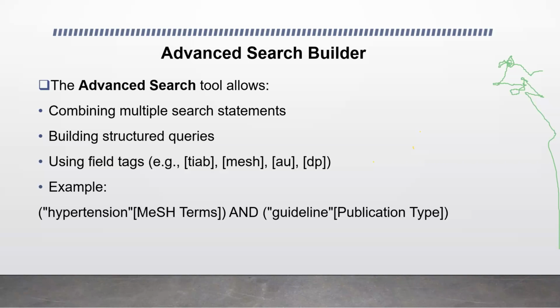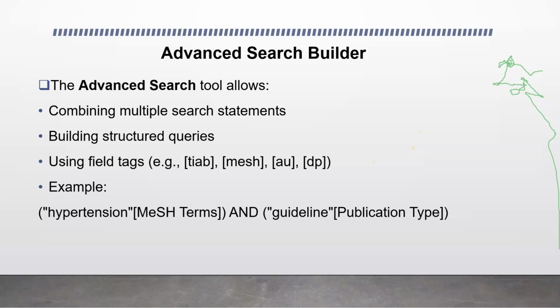It also allows you to build structured, complex queries, but also you can use the field tags, like TIAB, which stands for title and abstract, and if you want to search for MeSH terms, you can use the field tag for MeSH.